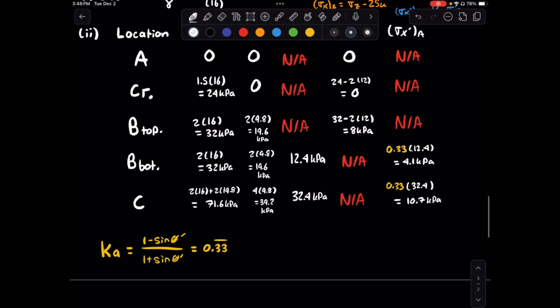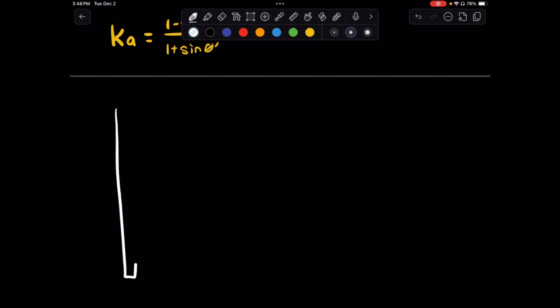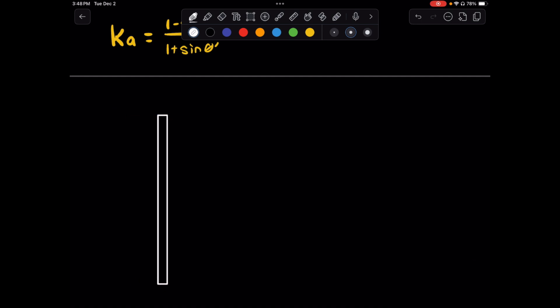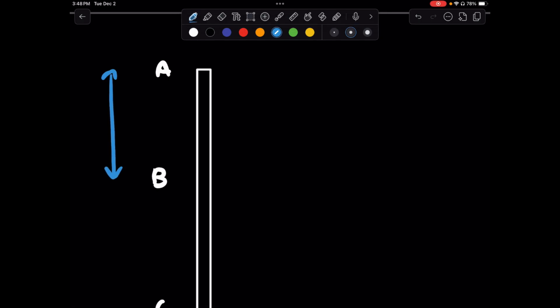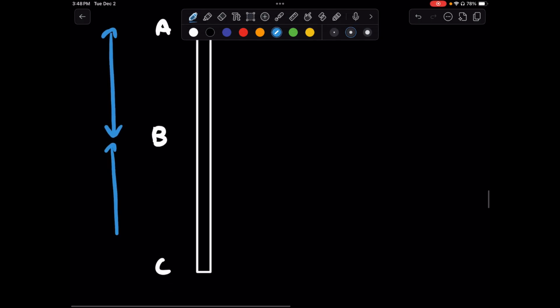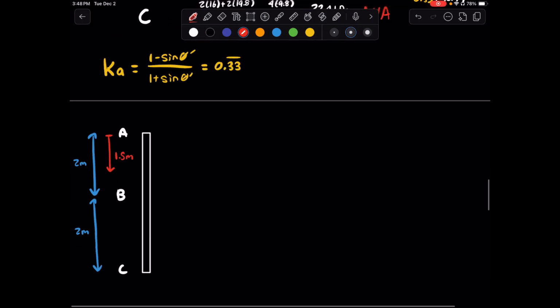Okay, so now that we finished our table here, we can finish up by just drawing what the distribution looks like on the wall. So I'll write our points A, B, C. They are 2 meters apart. 2 meters, 2 meters. And we also just have to make note that we have that 1.5 meter crack.